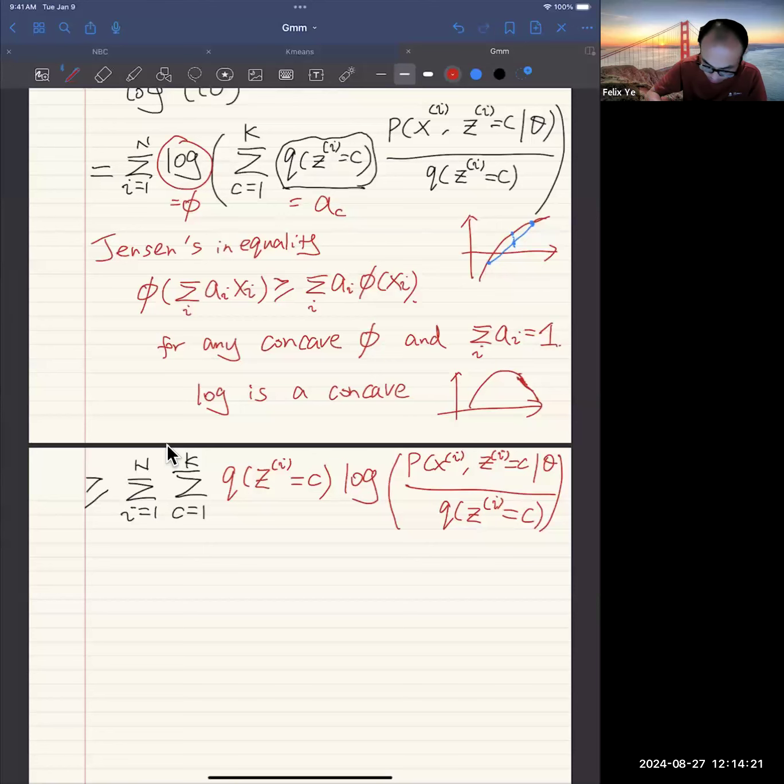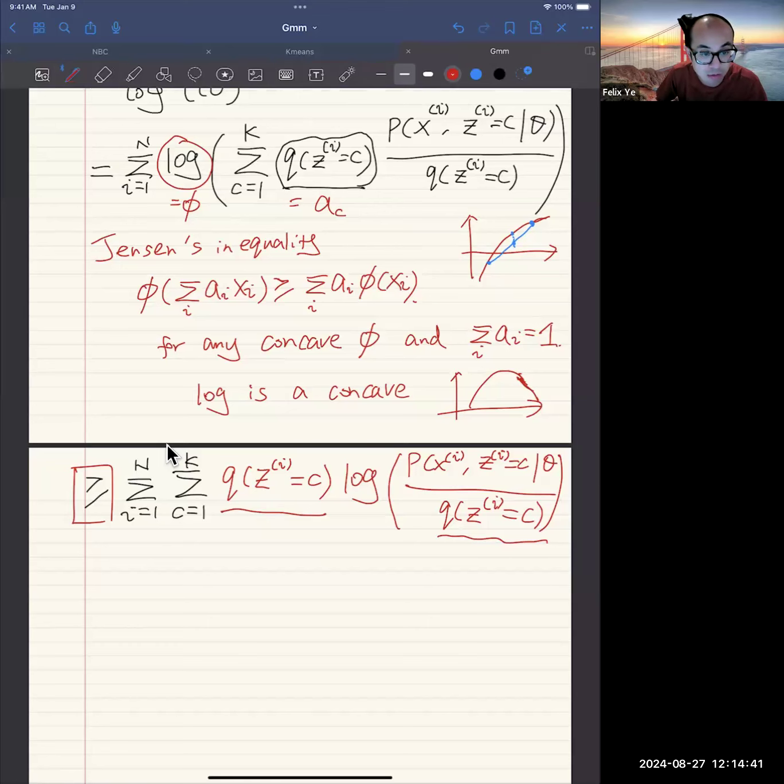Okay, so here this is bigger than or equal. You can see right here we have some arbitrary distribution q, and we have that arbitrary distribution in the denominator.